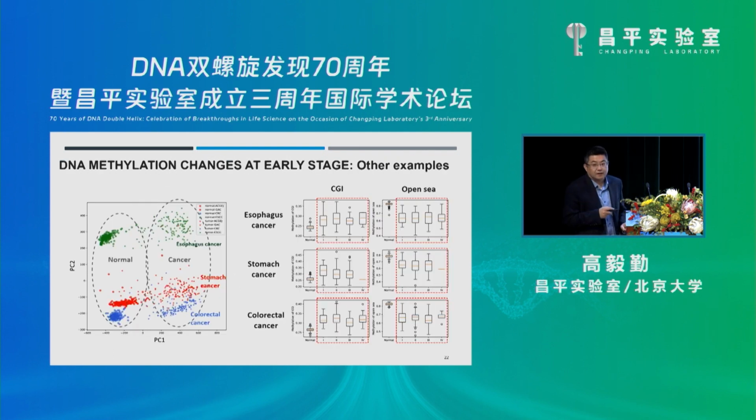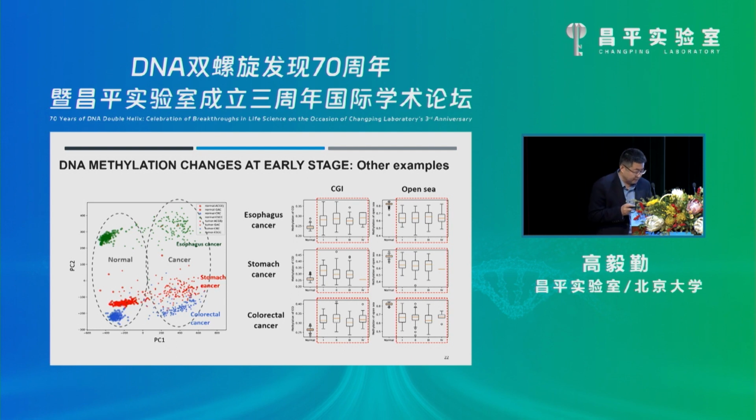Not only for oral cancers, for other cancers you find similar things. And what happens is that the methylation change seems to occur already at stage 1. So you can see that stages 1, 2, 3, 4 all have increased hypermethylation of CGI and hypomethylation of the open sea.